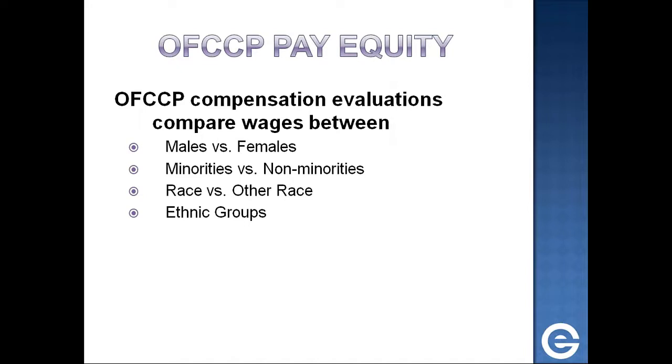The OFCCP compensation evaluations compare wages between males and females, so they're going to look at total comp for males and females, total comp by job categories, and so on, minorities versus non, race versus other race, and ethnic groups. So in order for them to measure, you have to turn in that data.